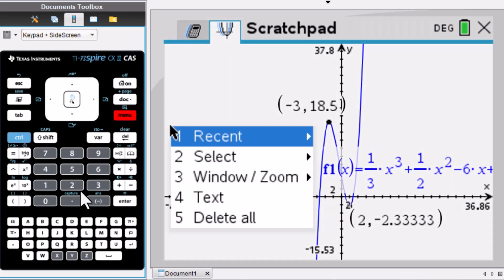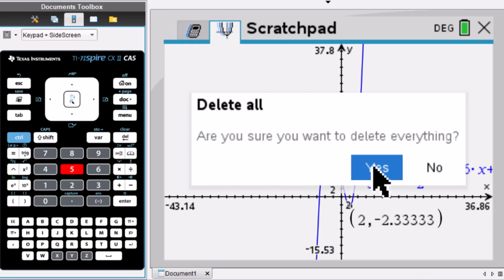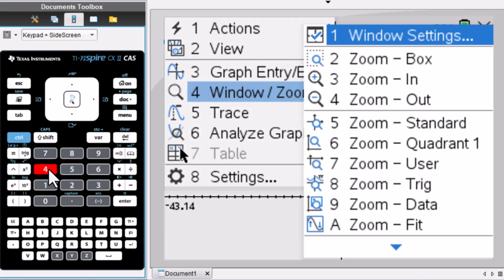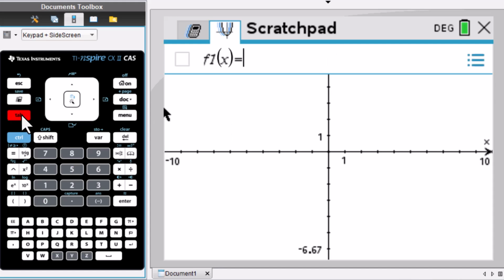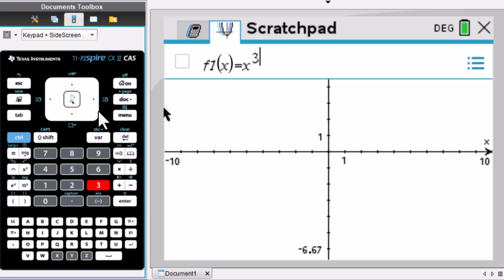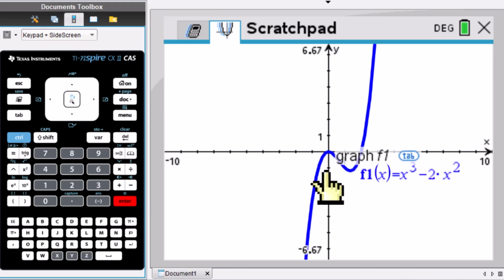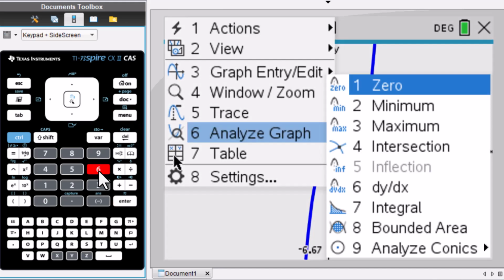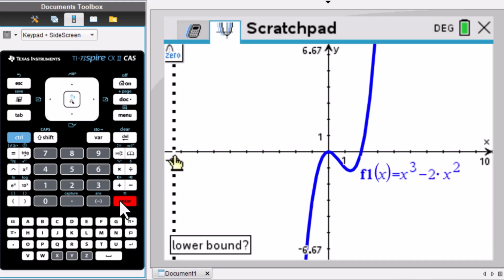Control, menu, 5, delete all. Go to menu. We have to use the standard window first. Click on tab, x to the third power minus 2x squared. Enter. Let's check the zeros. Go to menu, 6, 0.